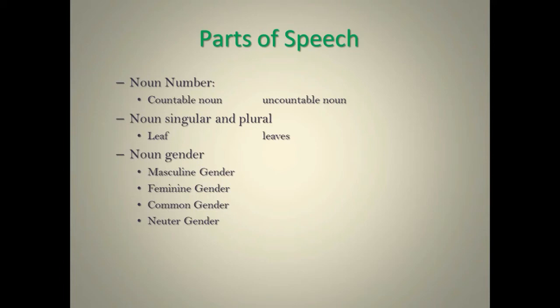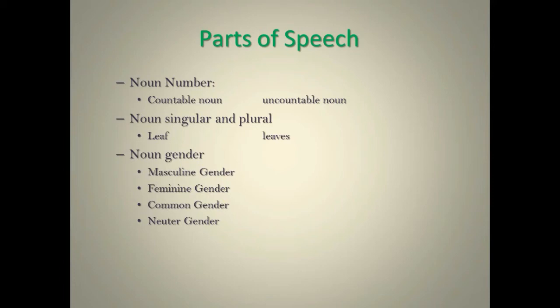So masculine gender means those who are masculine gender, that is males, like boy, man, horse, lion, etc. Then feminine gender, who means females, like girl, woman, mare, lioness, etc. Then in common gender, we can refer both males and females as together, like child, student, parent, artist, doctor, etc. And neutral gender, that are not male, neither male nor female, like book, table, tree, computer, etc. So these are all neutral gender.